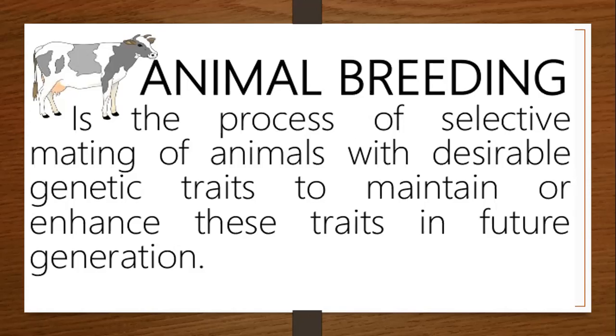Suppose we want that a particular animal will give more eggs, or more milk. So we are maintaining their breed in such a way that they give that much yield, or that many eggs or milk, or whatever we want. Okay, so this is called animal breeding.